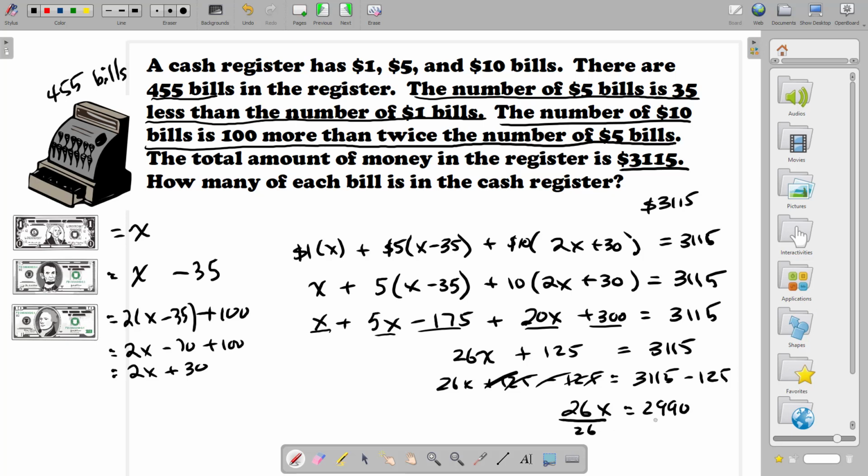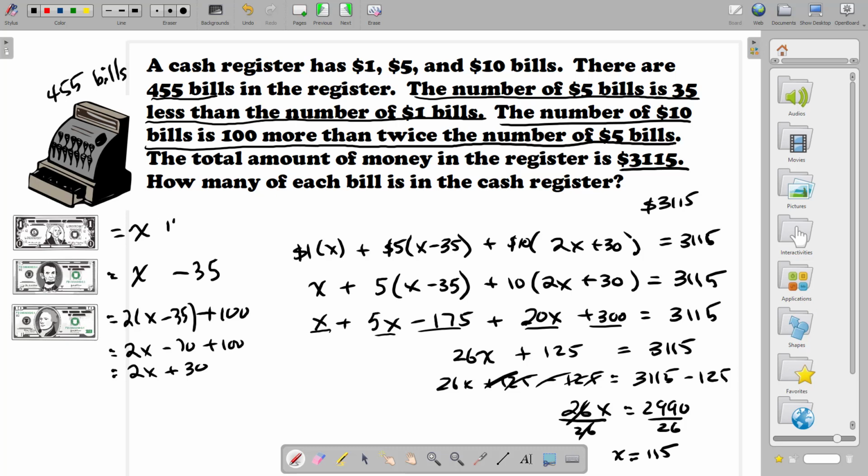Divide both sides by 26. And 2,990 divided by 26 is 115.